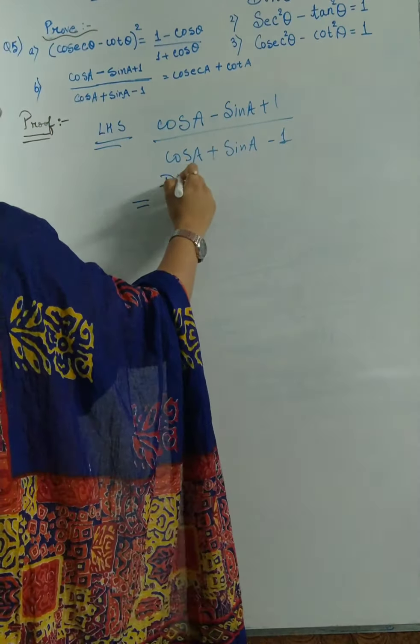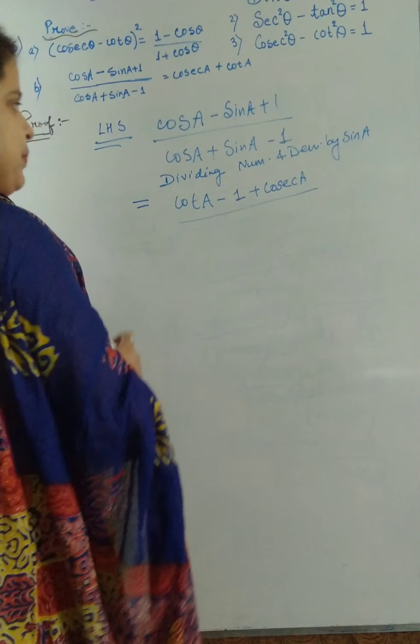In the numerator, cos A by sin A will become cot A. If you divide sin A by sin A, it will become 1, plus 1 by sin A. Yes, it will be cosec A.